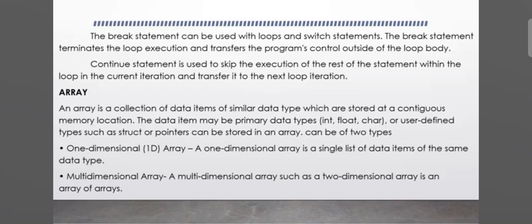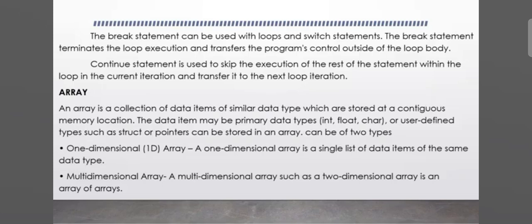Now coming to array. An array is a collection of data items of similar data type which are stored at contiguous memory locations. The data items may be primary data types like int, float, character, etc., or user-defined types such as struct or pointers can be stored in an array.